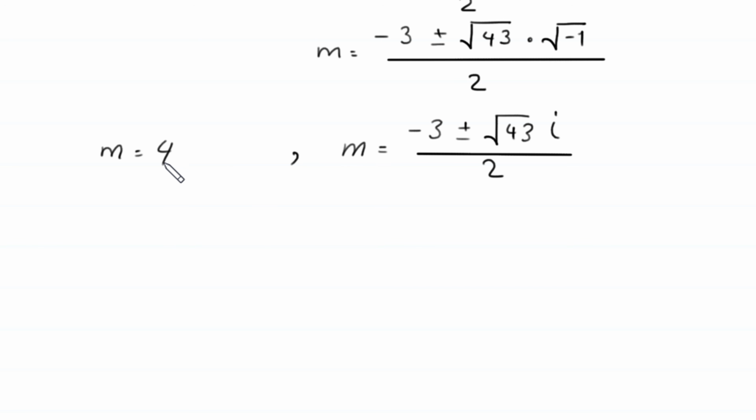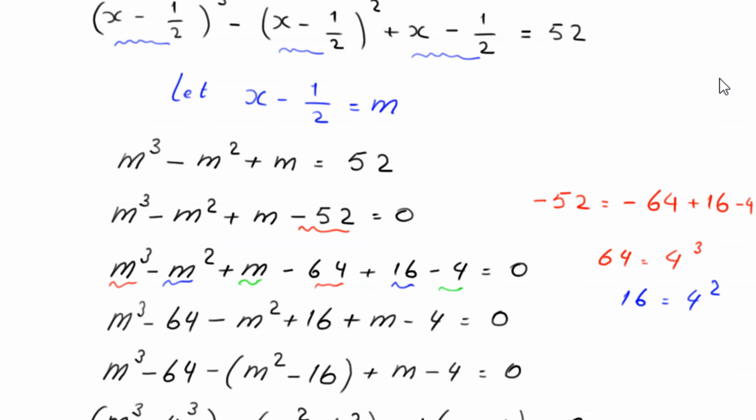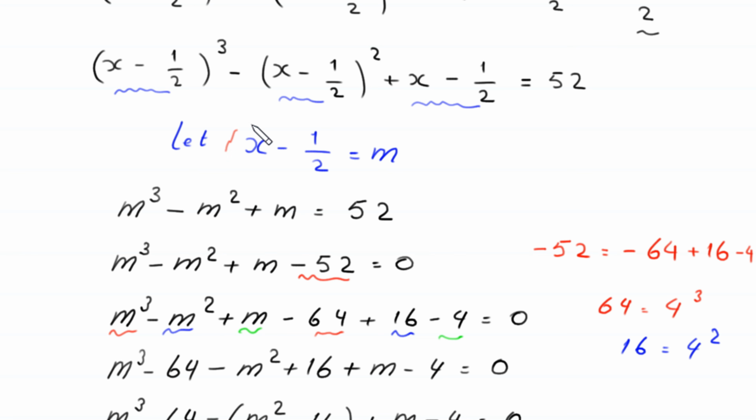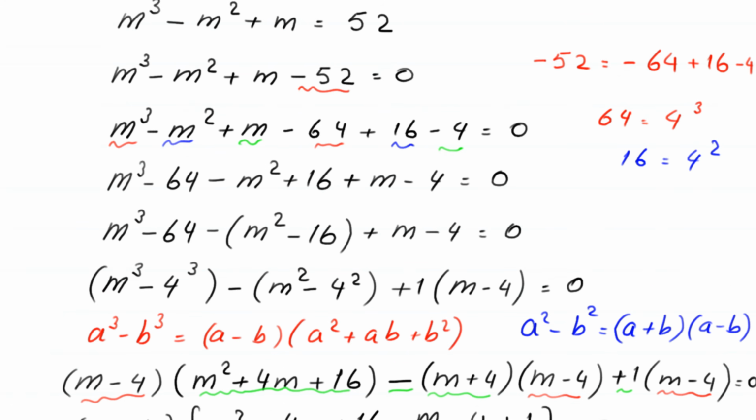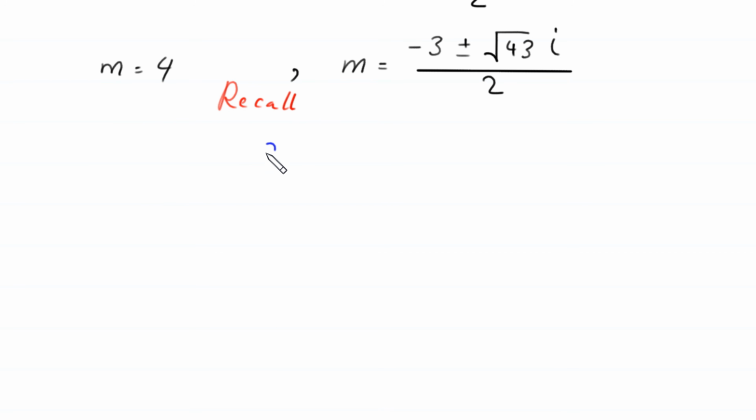Now to find the values of x, recall that we supposed x - 1/2 is equal to m. So when m is equal to 4, this equation becomes x - 1/2 = 4.